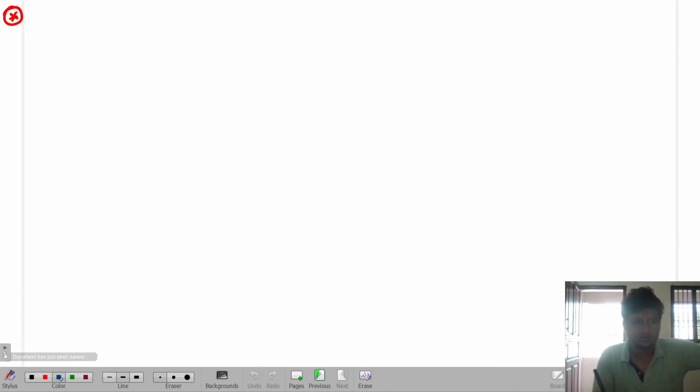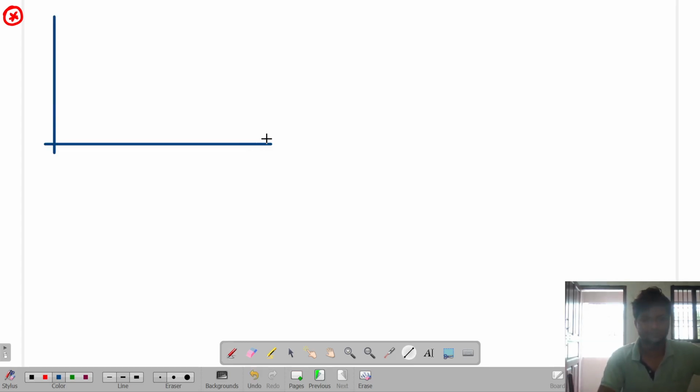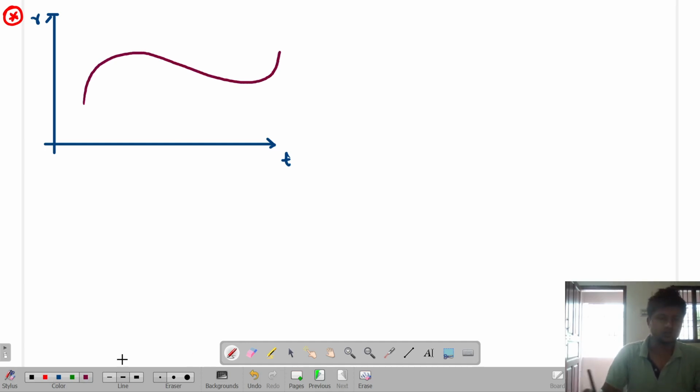So now let us conclude the meaning of instantaneous velocity. Let's suppose this is the position vector of a particle varying with time t, and the particle is moving like this. Got it? So let us conclude all those points.